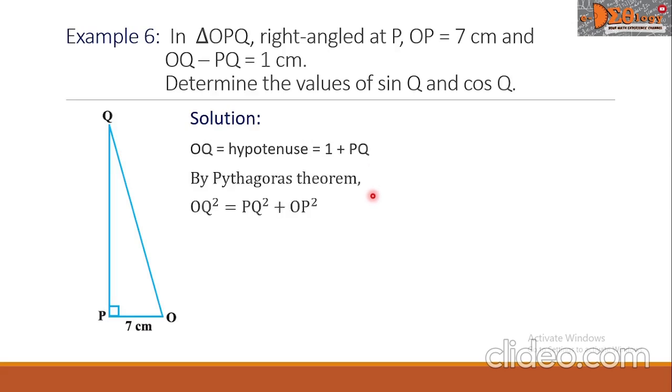By Pythagoras theorem, we have the square of OQ equals square of PQ plus square of OP. We can substitute the values for OQ as 1 plus PQ, that is squared, equals the square of PQ plus the OP is given as 7 cm. So we write here 7 squared.